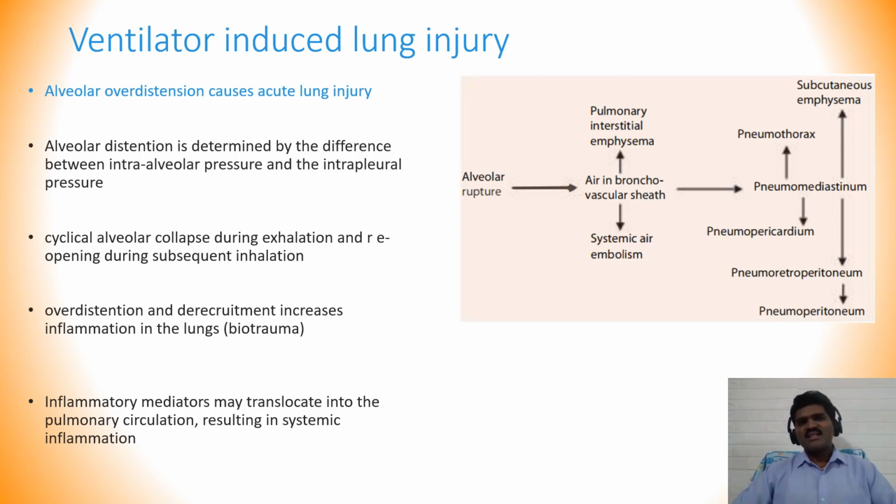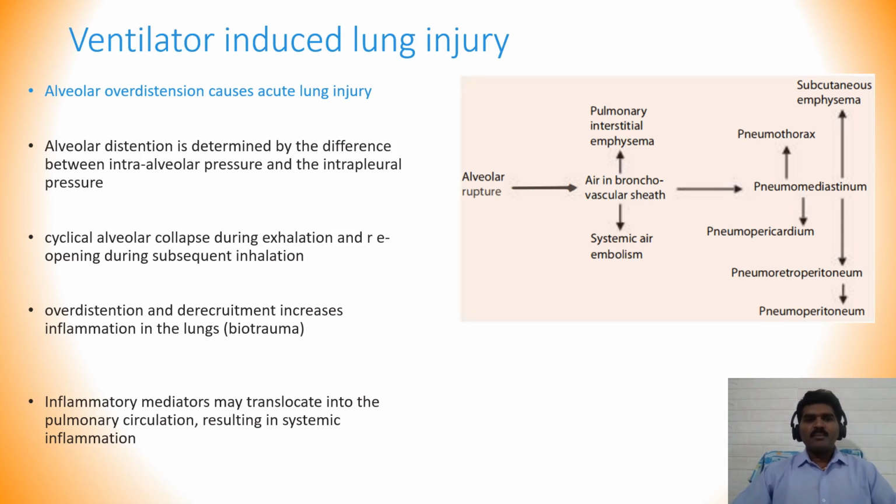First, let us look at how ventilator-induced lung injury occurs. Alveolar overdistension causes acute lung injury. Alveolar distension is determined by the difference between the intra-alveolar pressure and the intrapleural pressure. The cyclical alveolar collapse during exhalation and reopening during subsequent inhalation can increase the damage.